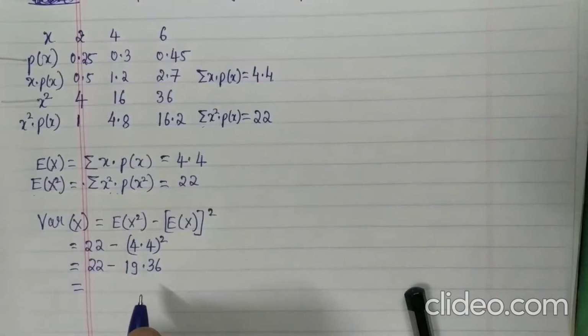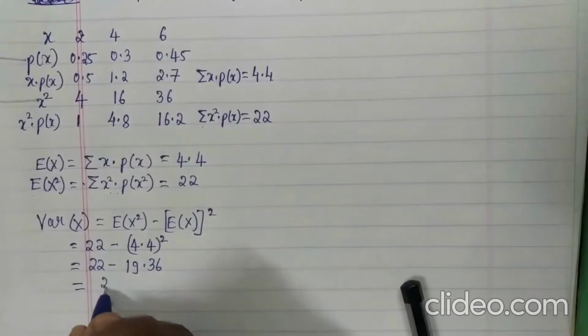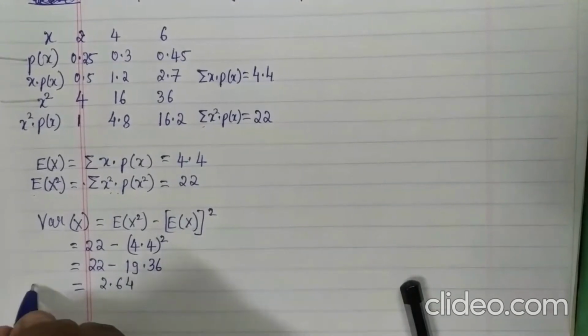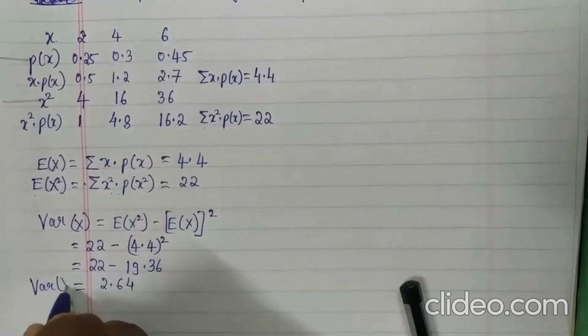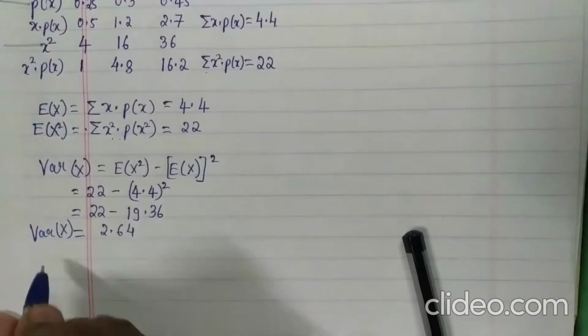Now, to find the square root, first you have to find out the difference: 22 minus 19.36 is nothing but 2.64. So variance of x is nothing but 2.64. What is SD of x?